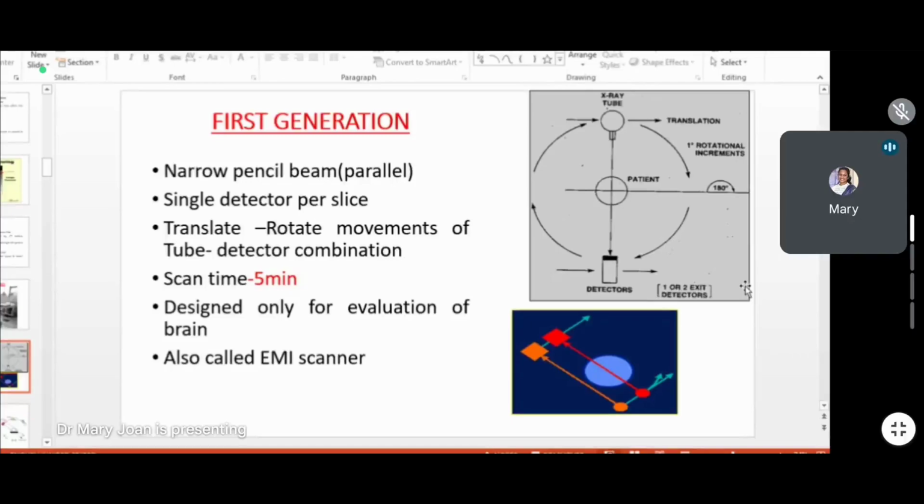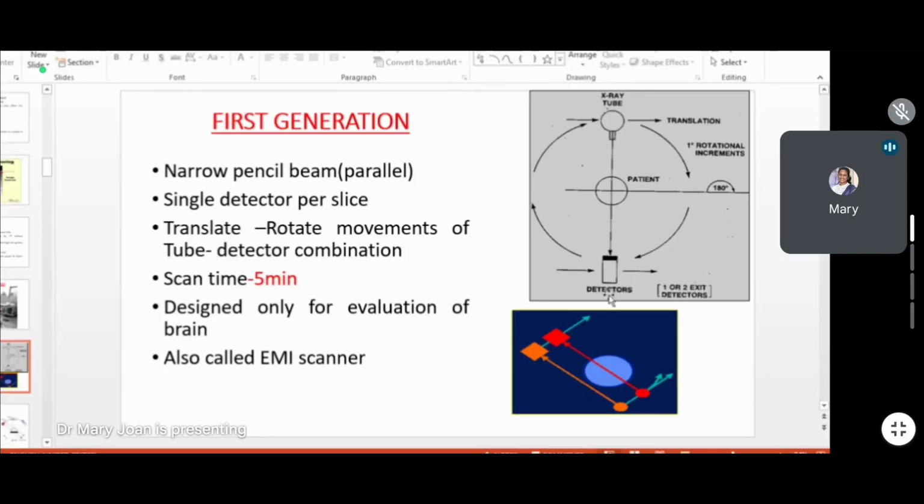We were using a narrow pencil beam in the first generation and a single detector per slice, and translate-rotate movements of the tube-detector combination.